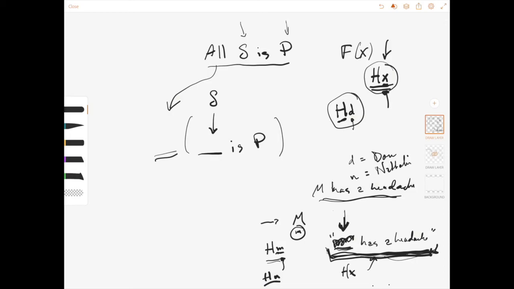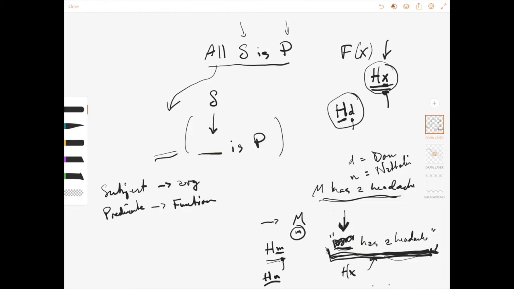So what we've introduced here is some of our basic ingredients. We've got the subject of the proposition, and we've got the predicate. The predicate serves more or less the role of a function, and the subject serves more or less the role of an argument.